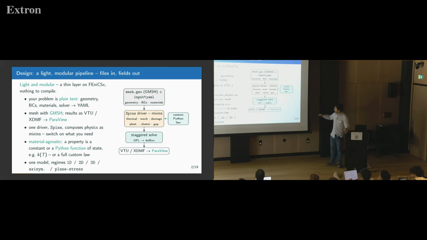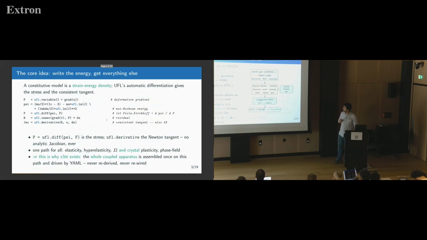And then all this physics goes inside a solver. The solver that for now is a staggered solver. So each physics is solved once at a time. And the output is a ParaView file, essentially.